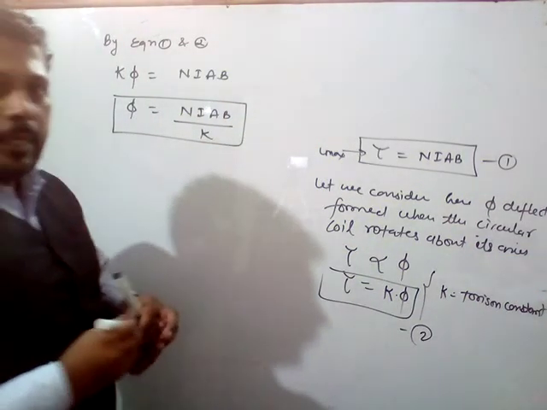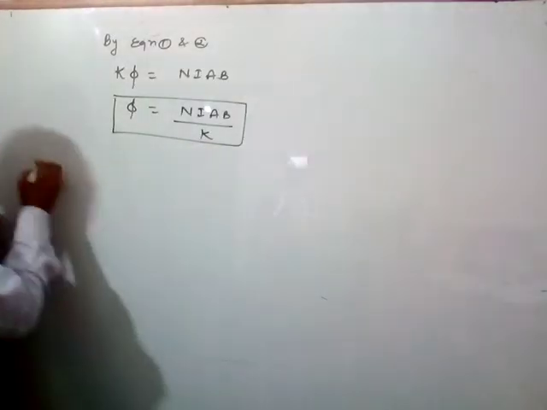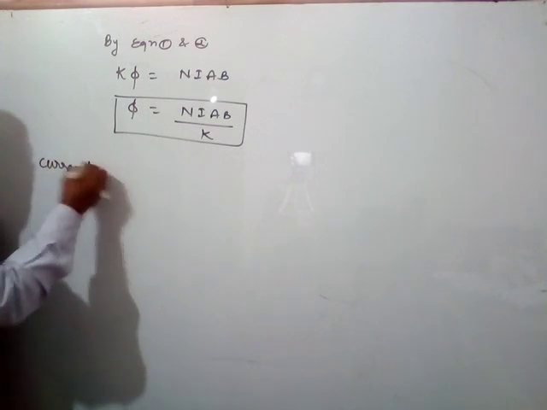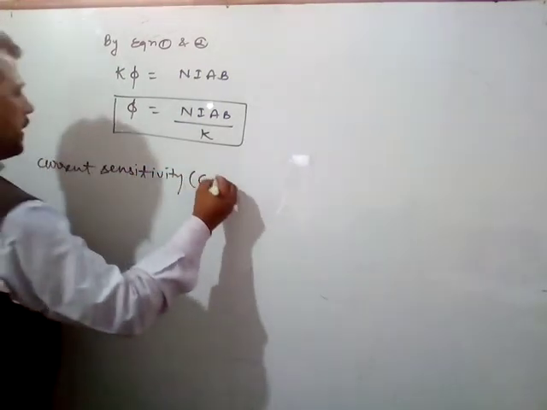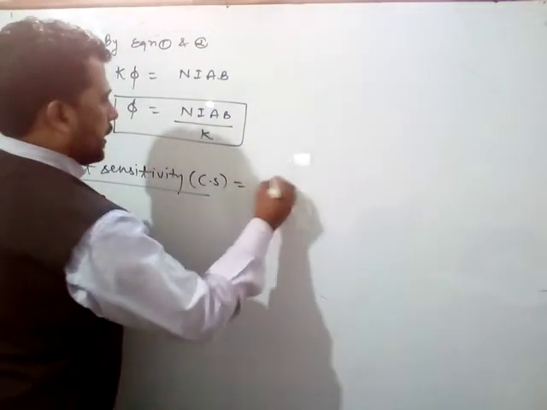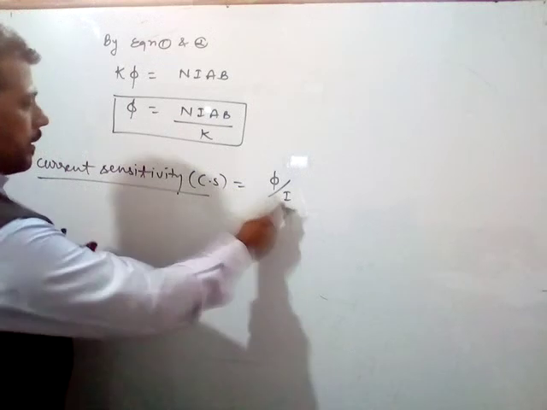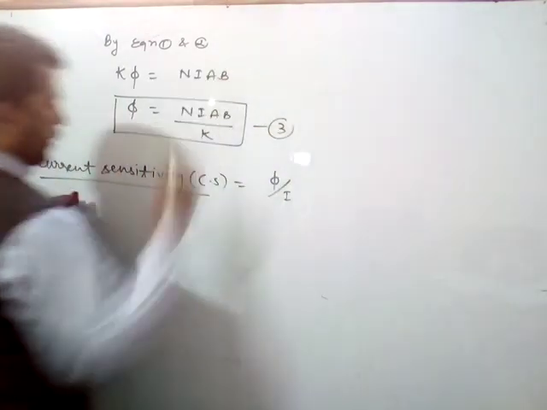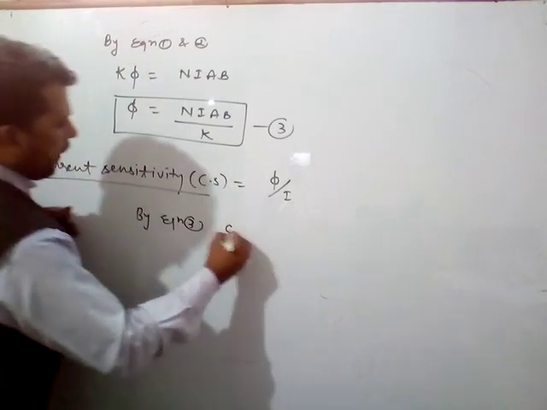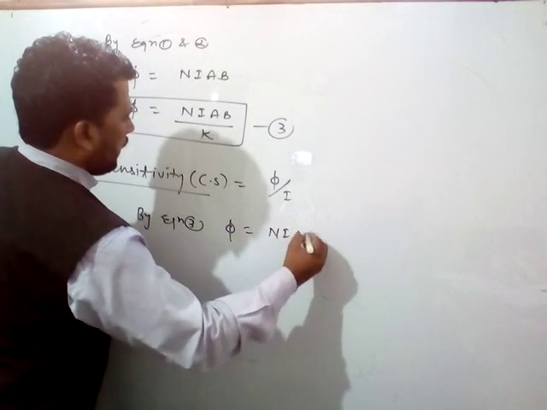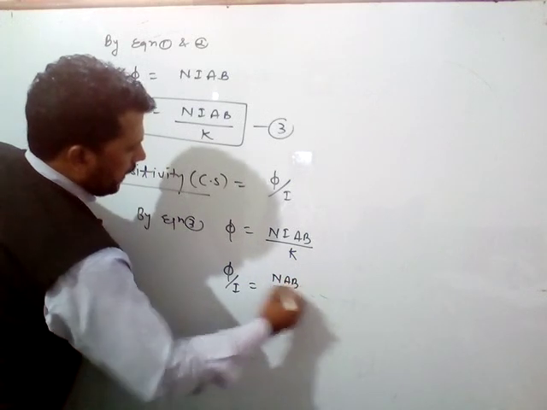Now let me discuss the current sensitivity, CS, which equals the deflection per unit current, phi by I. According to the third equation, phi equals NIAB upon k, so phi by I equals NAB upon k.